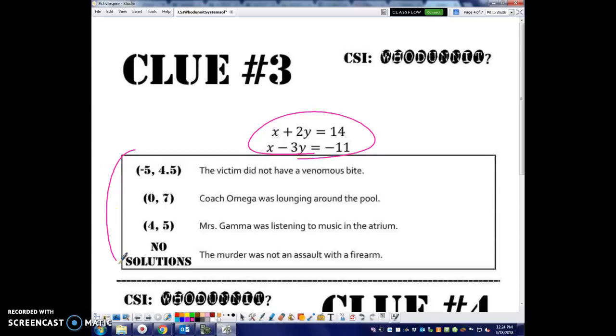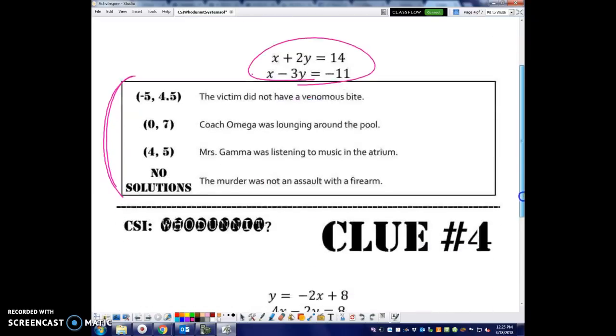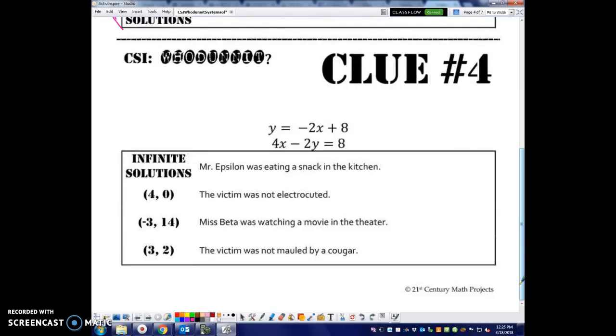You will solve this problem, and whichever solution you get tells you the answers here. Okay? So hit pause while you solve this problem. Clue number 4, you will solve out this problem, and these are your options for solutions. So hit pause while you solve this problem.